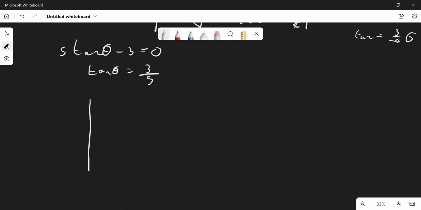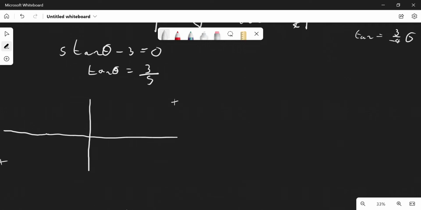So if tan theta is equal to 3 over 5, now we need to figure out which quadrant theta is in. Tan is positive in two quadrants, this one and that one.